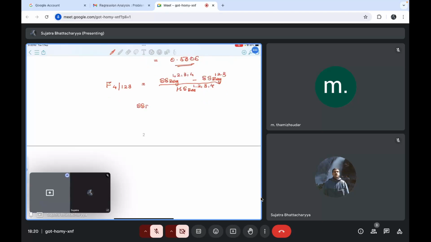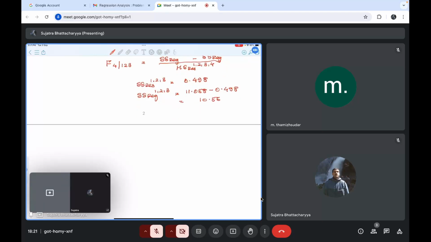We need SS regression of 1, 2, 3, and for that we need SS residual, which from the question is 0.498. So SS regression of 1, 2, 3 is 11.058 minus 0.498, which comes out to be 10.56.